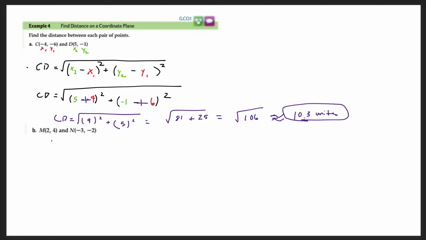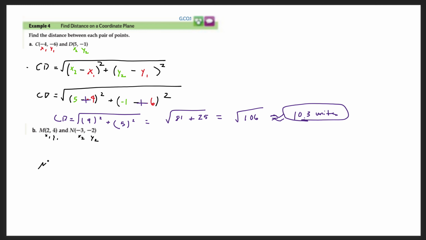So now we've got MN. We're going to do it yet again. I'm just going to do it all in one color, and you guys can figure it out. I'm going to label M as x1, y1, and I'm going to label N as x2, y2.